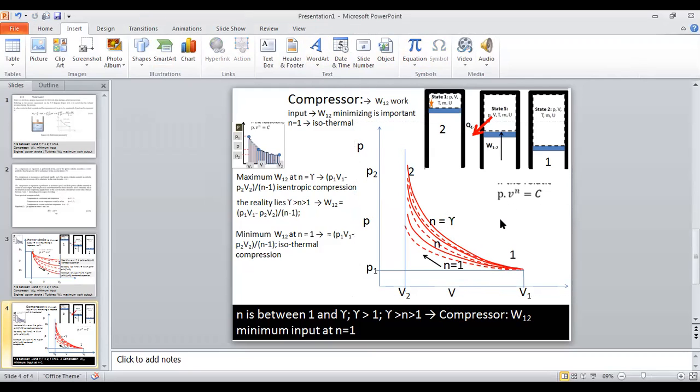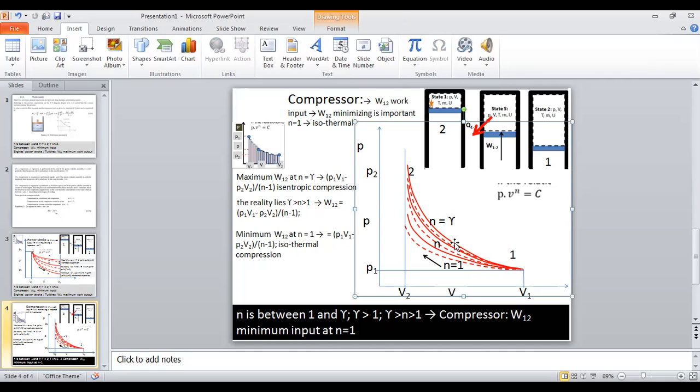You need the lowest work input to get the air compressed. So for compression, the lowest work is important. So n equals 1 is important for air compressions or gas compressions.